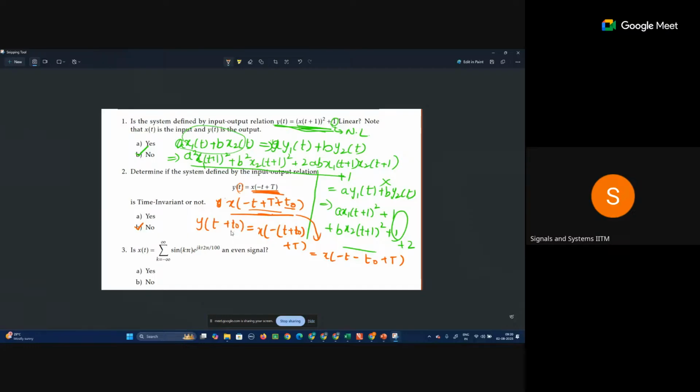Instead of t, I have used t plus t naught, and here also t plus t naught, or you can use t minus t naught as well. If you use t minus t naught over here, keep the minus in mind. Then after computing, you check the result. So the answer is a time variant system. Am I clear? Yes, ma'am, clear.